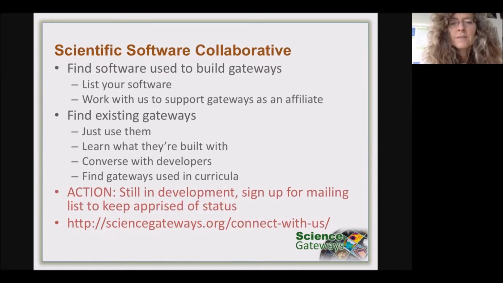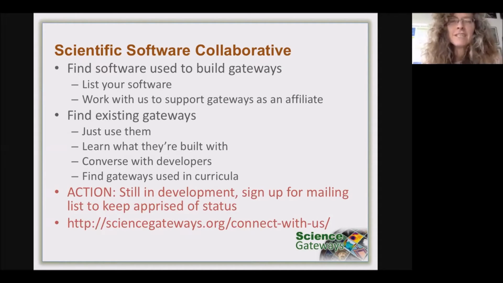So one of the other things we're doing is building a scientific software collaborative. So what this is, a couple of things. One, it's a list of publicly available functioning gateways that anybody can use worldwide. It can be very difficult to find gateways in your field.